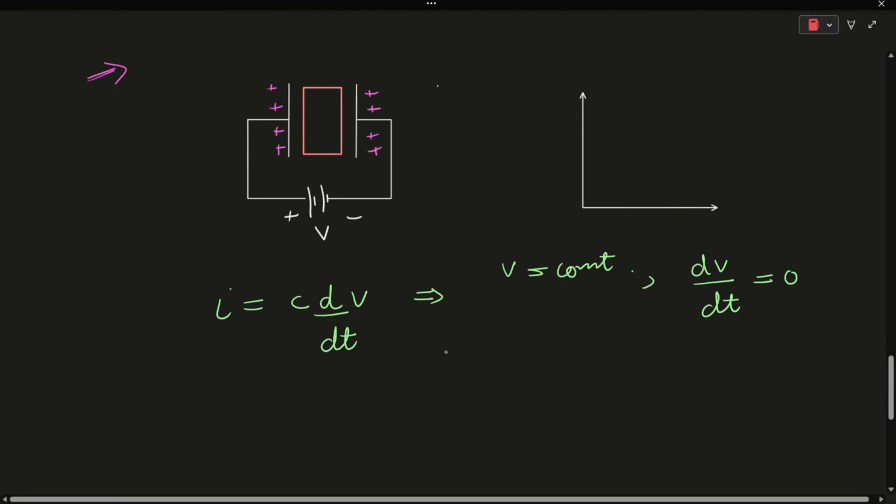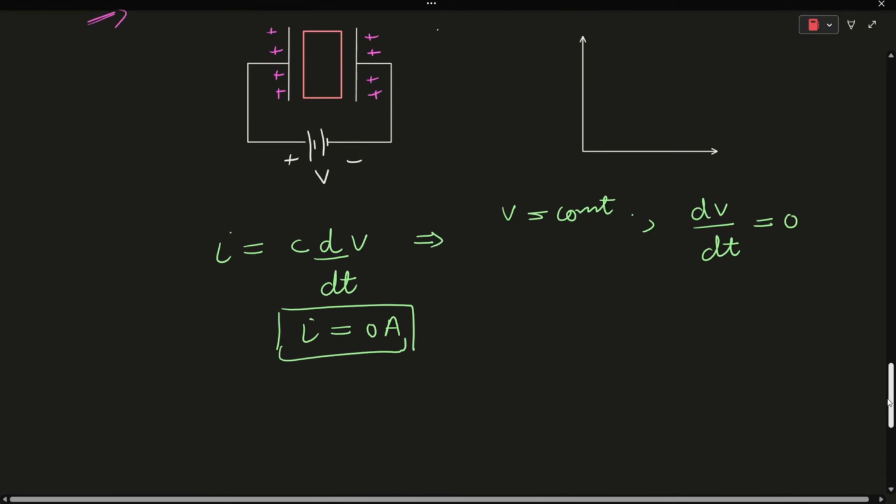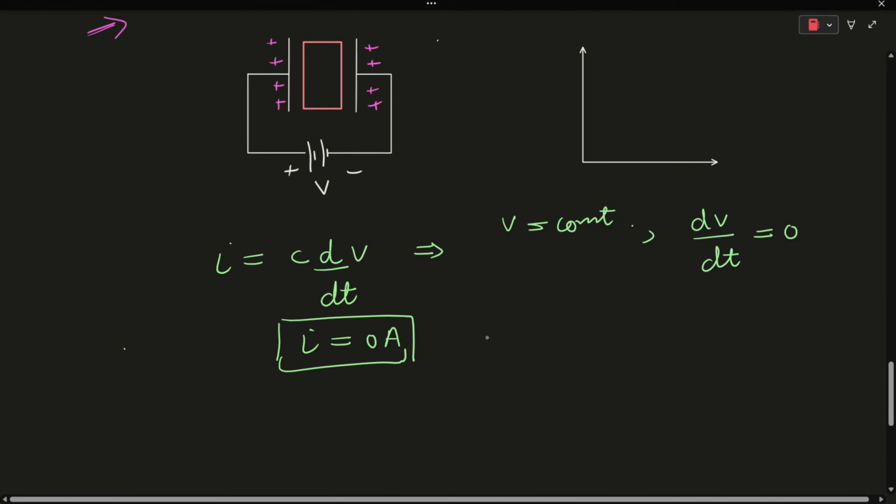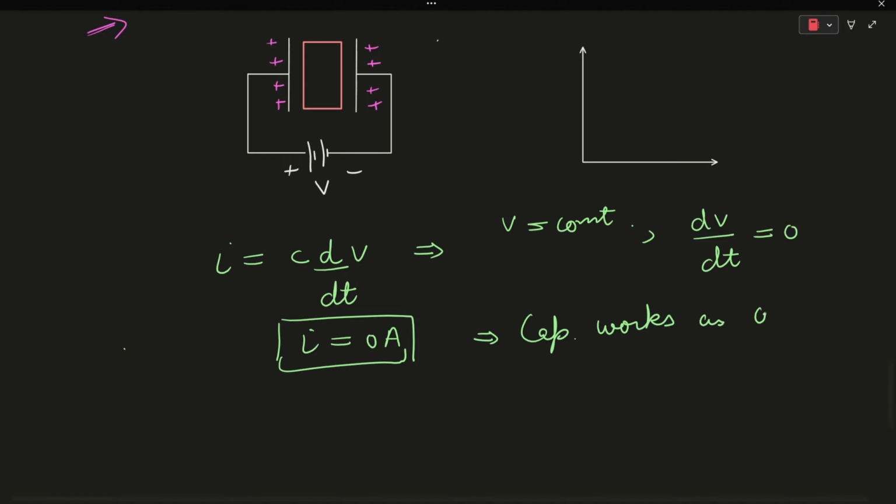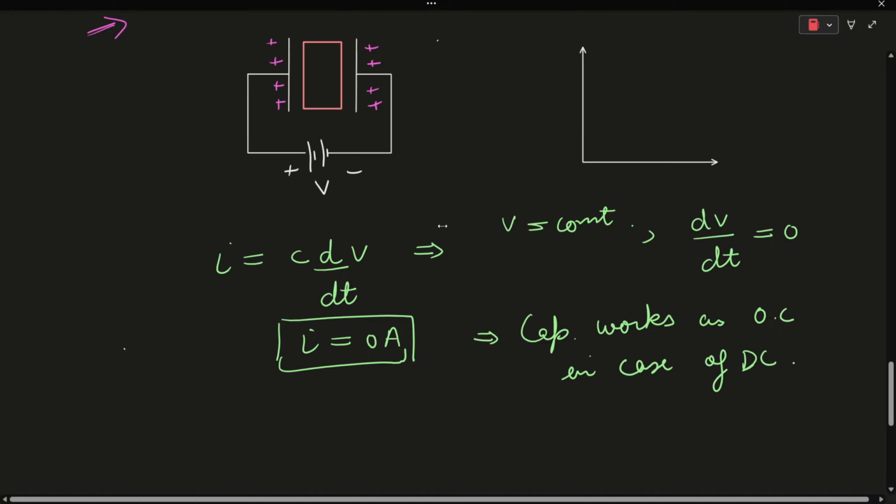So I will be equal to 0 amperes. It means that a capacitor works as an open circuit in case of DC.